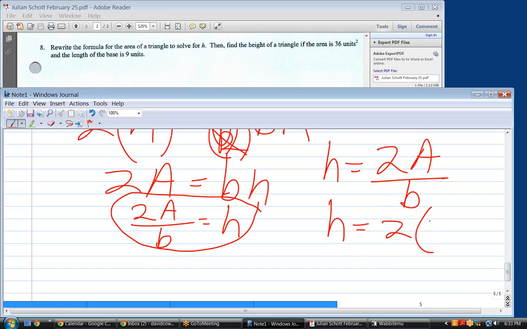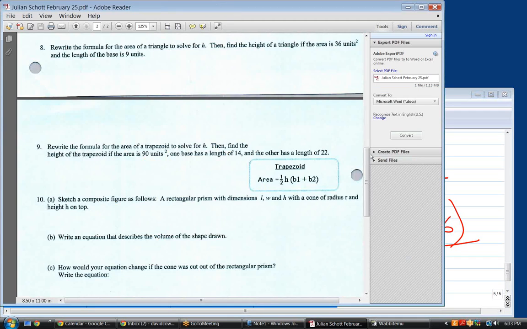The area is 36. And what's B? 9. Solve that equation and you get 8. So the height of a triangle is 8 if its area is 36 and its base is 9.